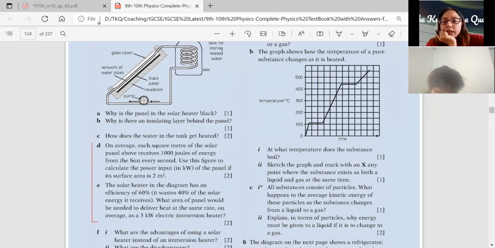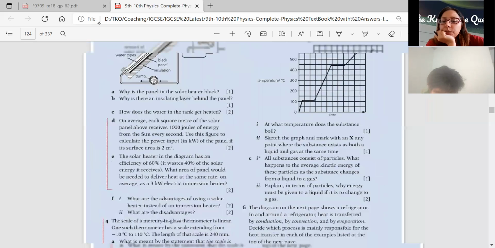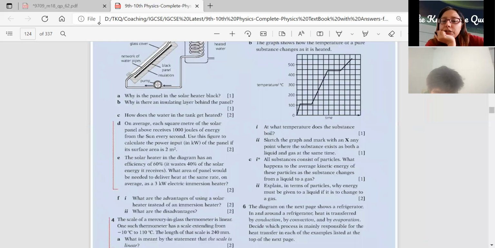Okay, then all substances consist of particles. What happens to the average kinetic energy of these particles as the substance changes from liquid to gas? It increases. The average kinetic energy is increasing.